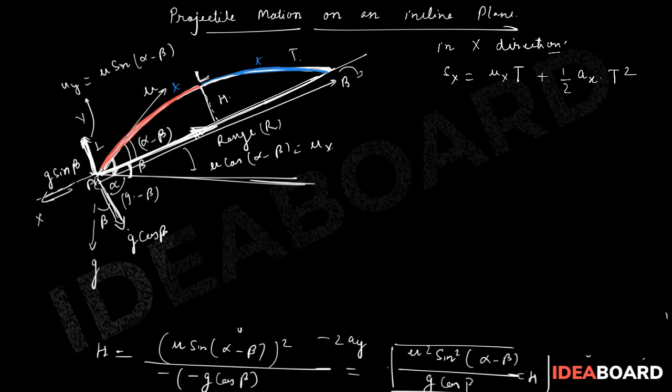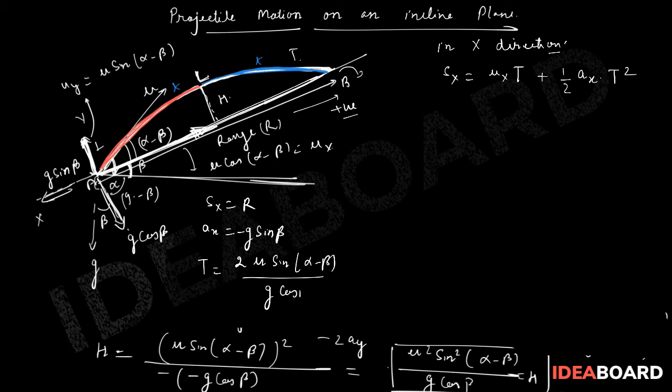Now everything is known. sx is going to be the range, taking this direction as positive direction. Of course ax is going to be minus g sin beta, and t we already calculated, 2u sin(alpha minus beta) by g cos beta. So we can substitute these values.